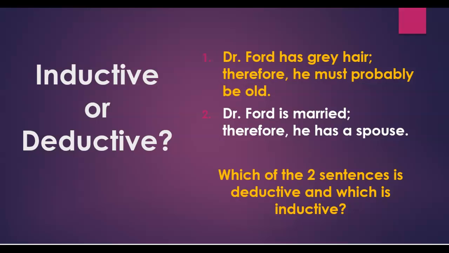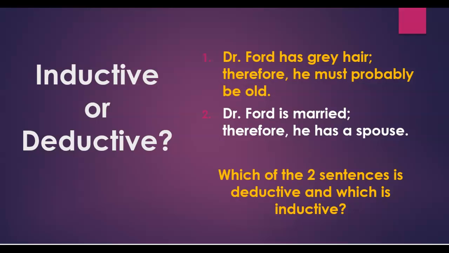So let's look at two arguments and discover if they are inductive or deductive. Dr. Ford has gray hair, therefore he must probably be old. Now, the word probably there gives it away that this is inductive, because inductive arguments deal with probability. But suppose the word probably was not there. I think the argument itself would say it is an inductive argument that is probably true.